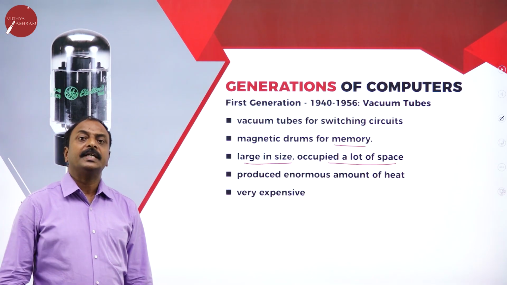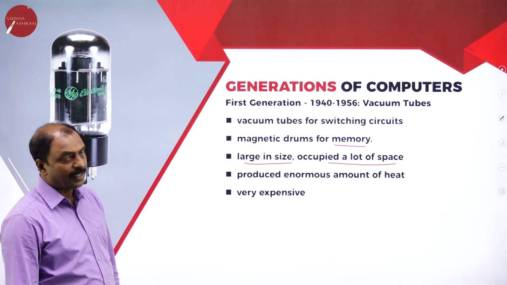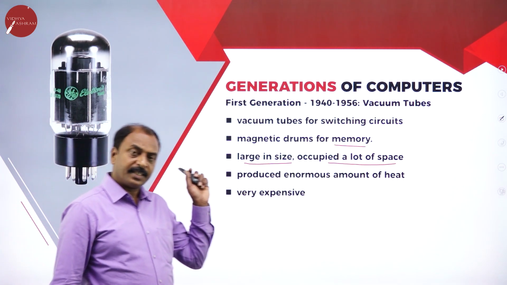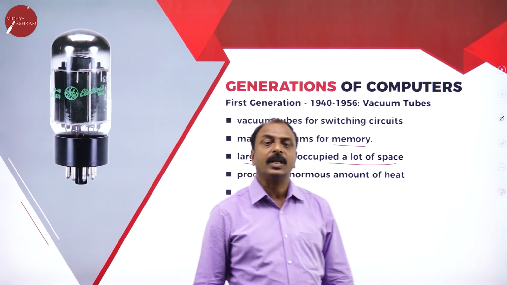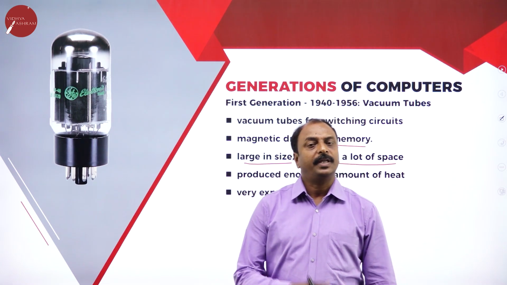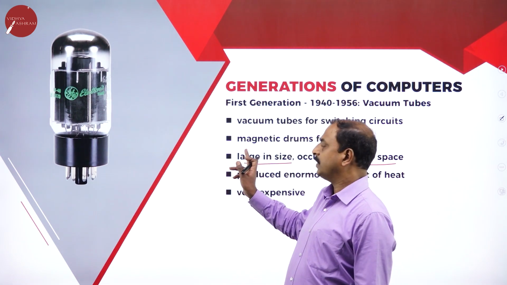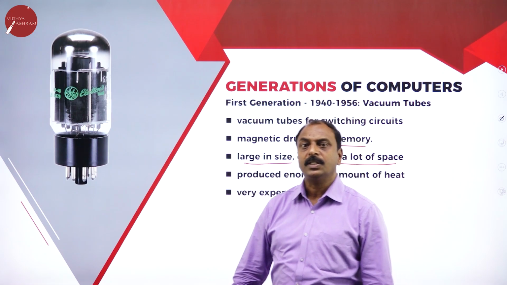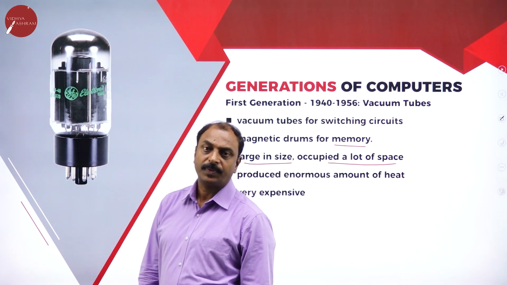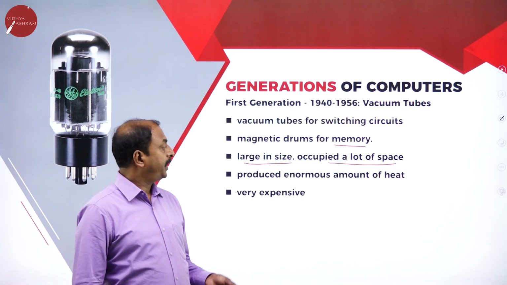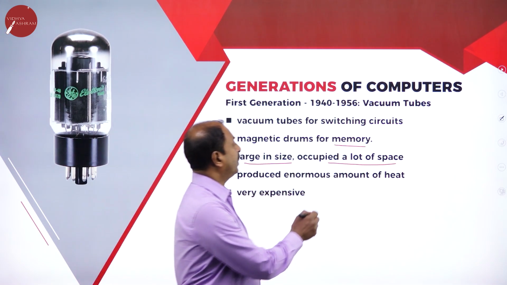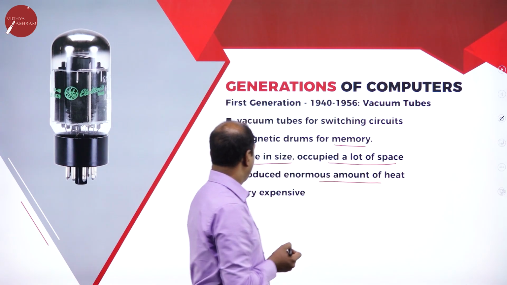It used to increase the room temperature. Similarly, as this is an electrical valve, it used to generate a lot of heat. Now just imagine, in one system like this, they were using thousands of electric valves. So generally it could produce an enormous amount of heat.